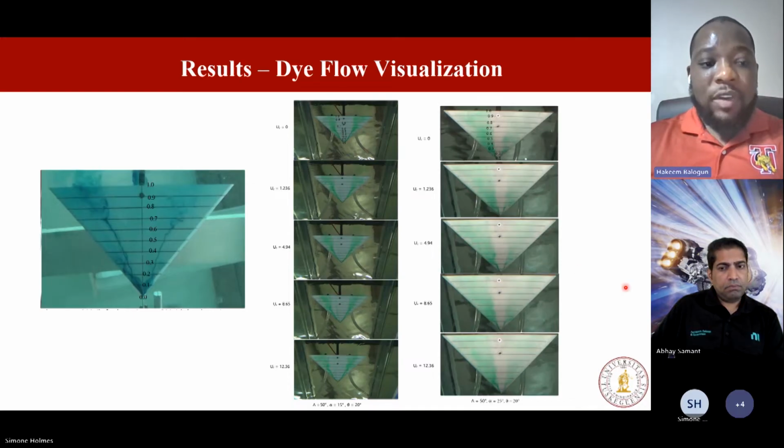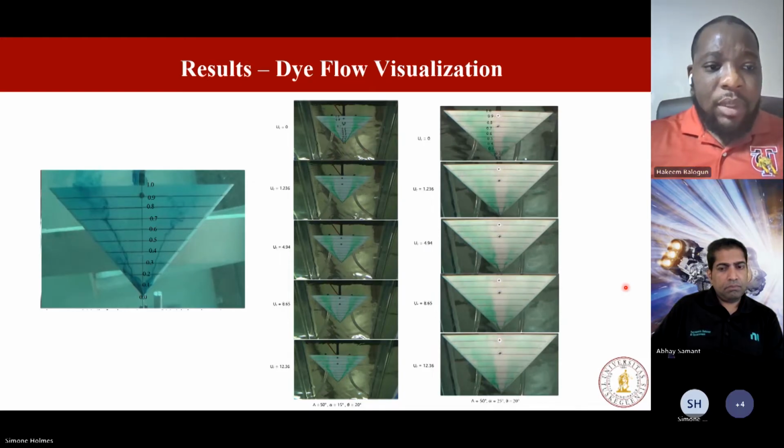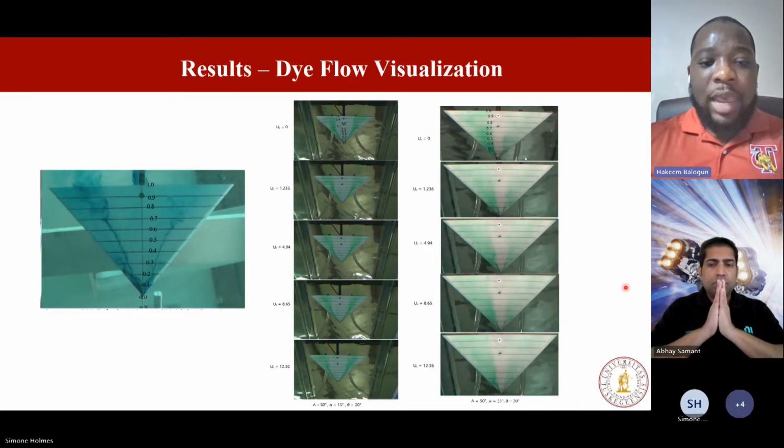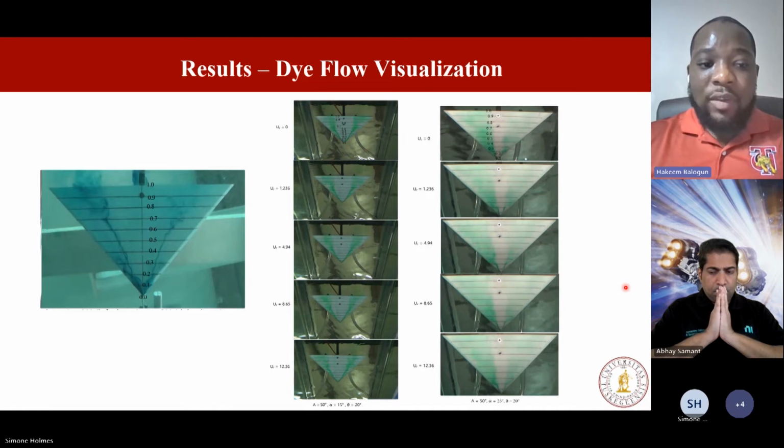For the dye flow visualization, for a 15-degree delta wing, this is the image in the middle. The average root chord breakdown location was approximately 0.5 or 50% of the chord without trailing edge jets.